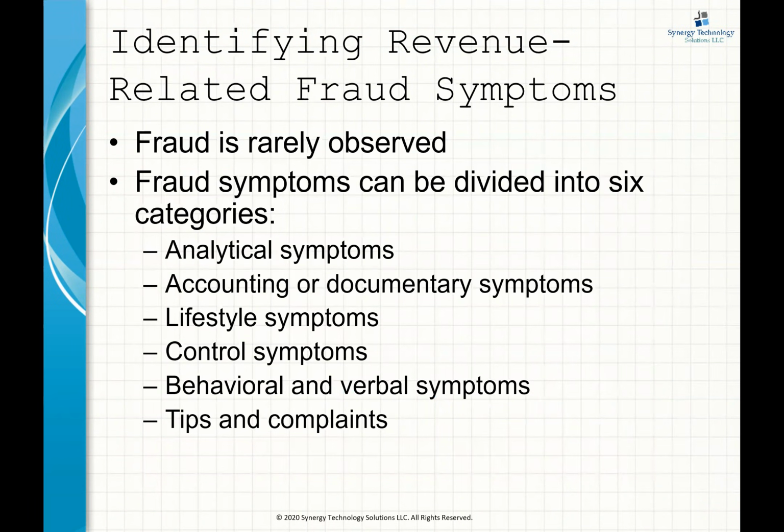Now, to do revenue related fraud, there are certain six types of symptoms that we can look at. Remember one thing, this type of fraud you will not usually visualize, because these are entries, documentations. But there are six symptoms that we should pay attention to as an auditor, if you are doing a compliance or internal audit.